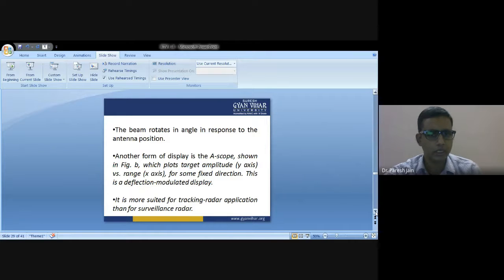It is more suited for tracking radar applications than for surveillance radar. So deflection modulated display is generally used in tracking radar applications.